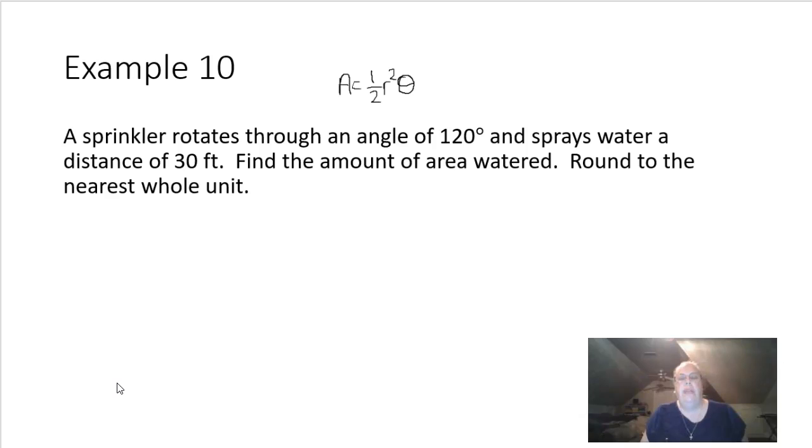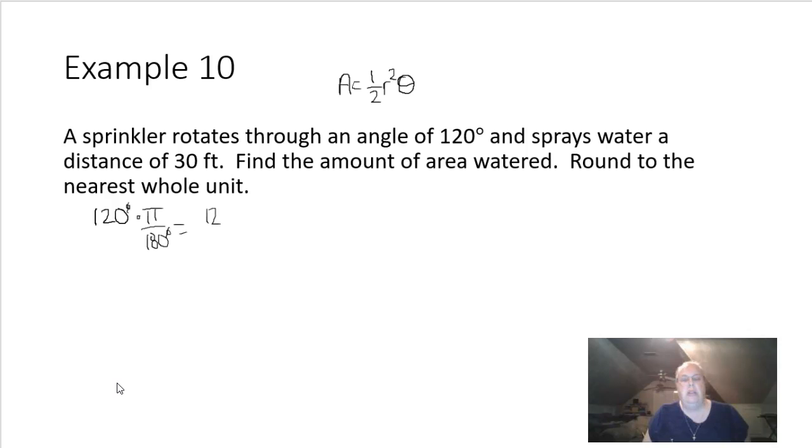Now remember, theta is going to have to be in radians, and the angle that they gave me was 120 degrees. So the first thing we're going to need to do is take 120 degrees and change it over into radians. We're going to multiply by pi over 180 degrees, and the degrees are going to cancel out.